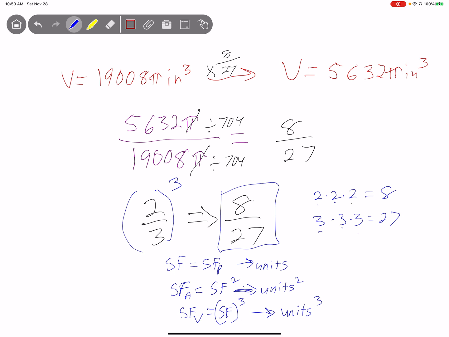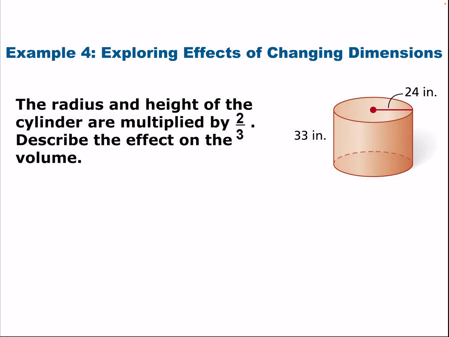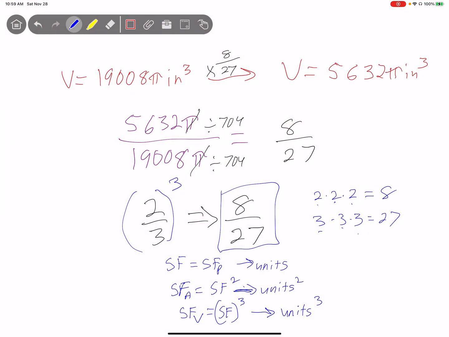So instead of doing all the math and going through the process again, all I had to do was understand this, because the question says describe the effect on the volume. I didn't have to get both volumes. I didn't have to divide 5,632 pi by 19,008 pi. If I knew that the scale factor of the volume is equal to the scale factor cubed, all I had to do was take 2/3 and cube it.